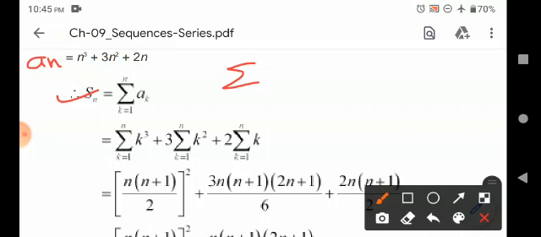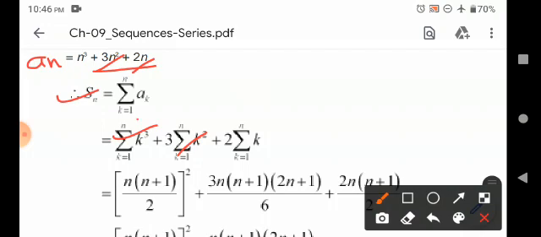Therefore summation an or ak from k equals 1 to n. ak is nothing but n cube plus 3n square plus 2n. But here n is replaced by k, therefore summation k cube plus summation 3 times k square plus summation 2 times k.